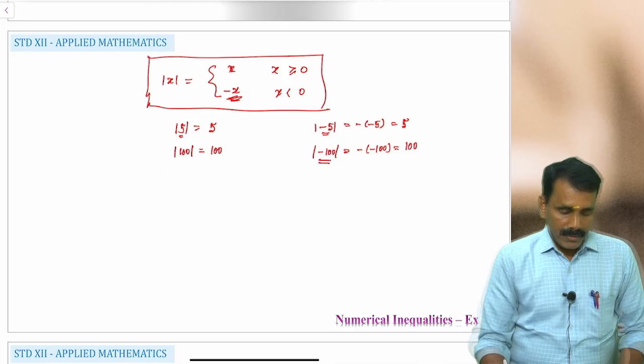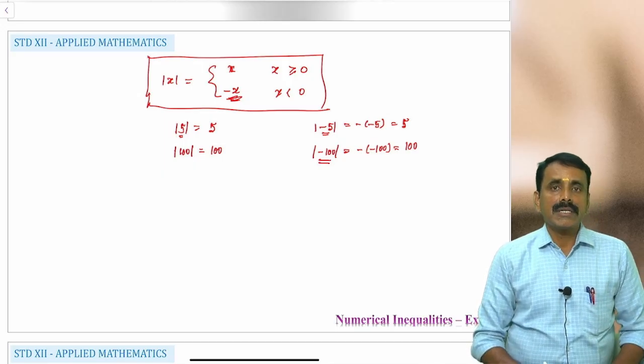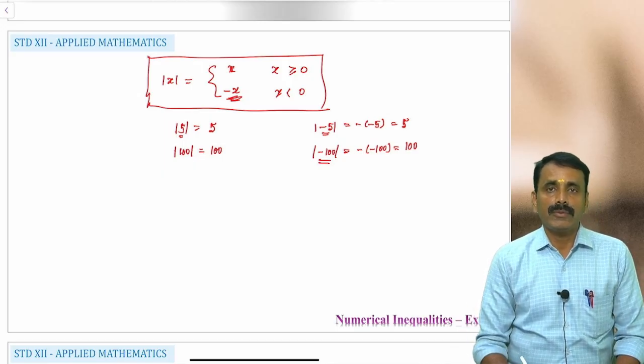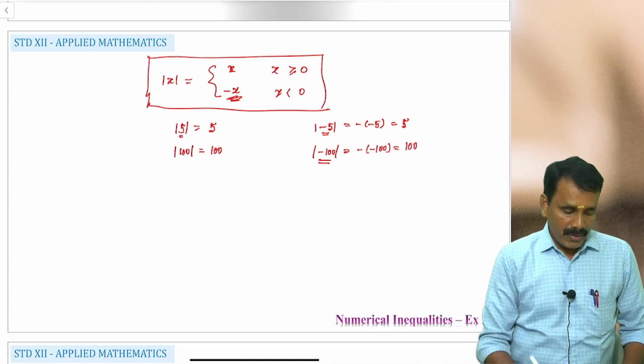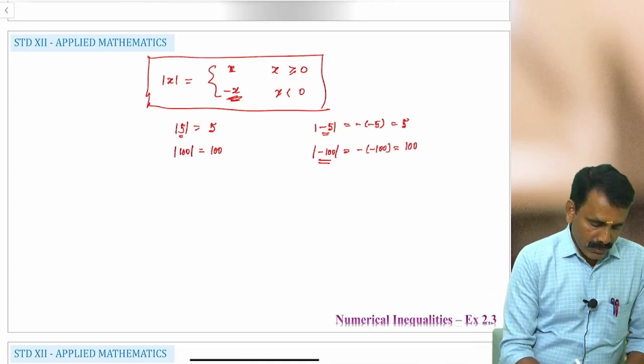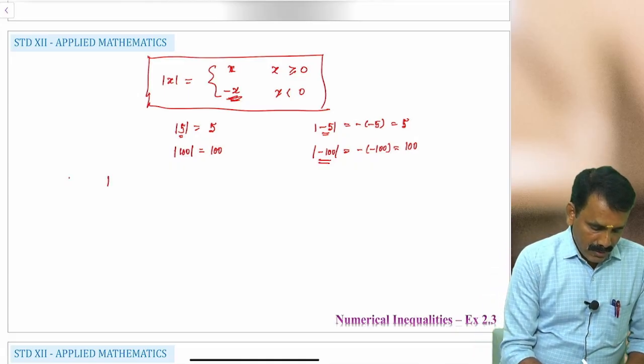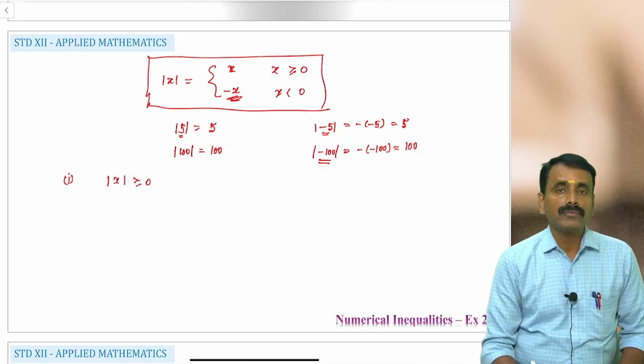Now, let us discuss certain facts about the modulus value. First one, modulus of x is always greater than or equal to 0.